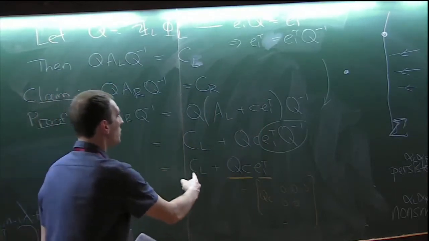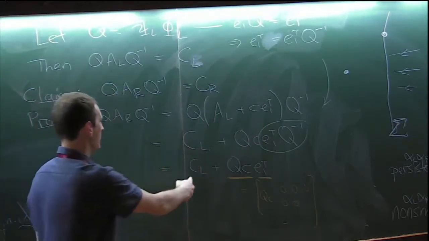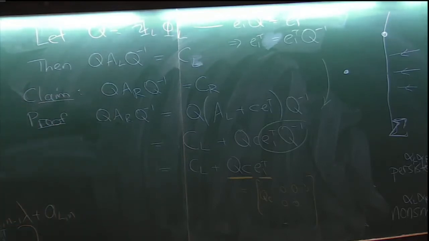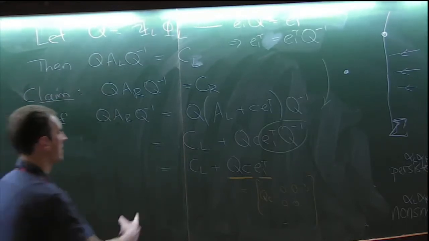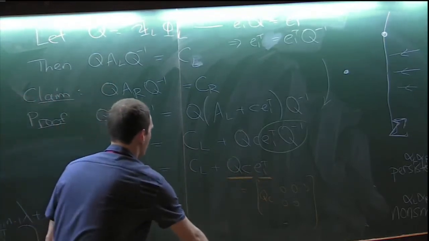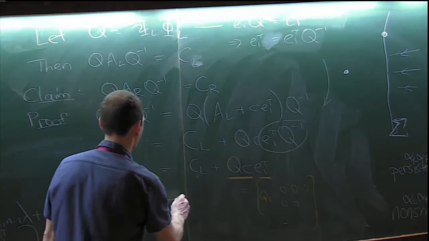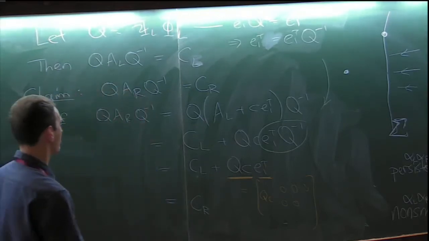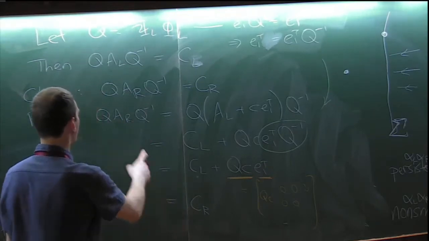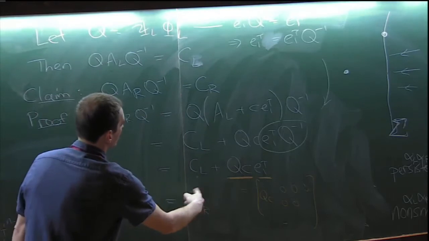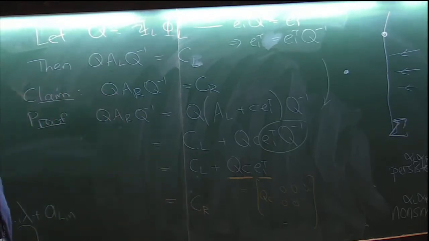So when I add it to CL, all I do is change the first column of CL. I still have ones in my off-diagonal. So this thing remains a companion matrix. It's just a different companion matrix to CL. It's CR. And so CR is similar to AR by construction, so it has the same eigenvalues and multiplicities as AR.